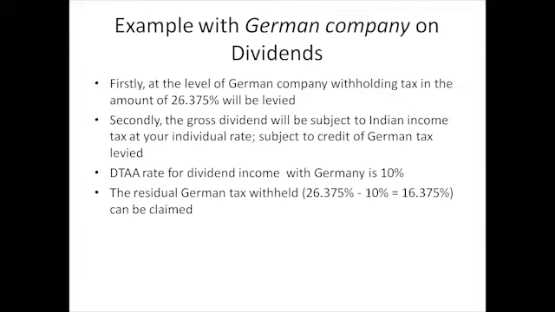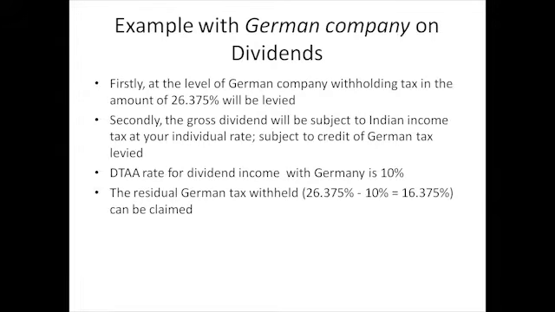So let's look at an example with a German company. Let's say that you are receiving dividends on shares issued by a German company. First, the German company withholding tax would amount to 26.375%, which will be levied by the company before giving you the rest of the dividend amount. And second, the gross dividend will be subjected to Indian income tax as well at your own individual tax rate.